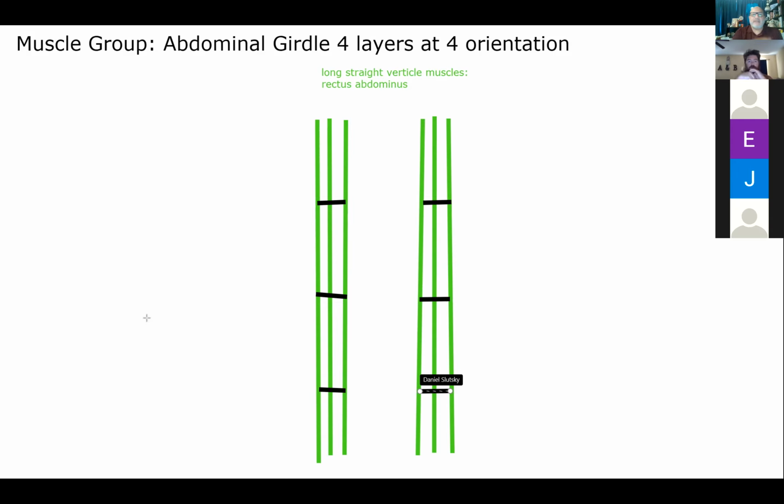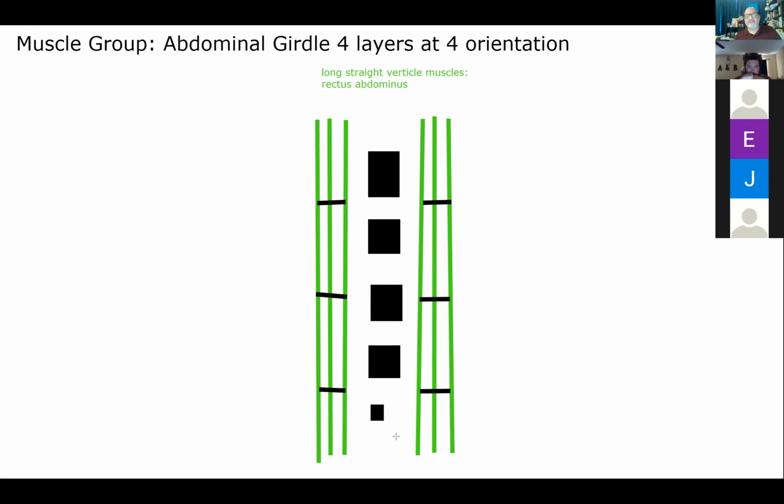All right. Now, the other thing to remember when we're talking about muscles is to think in terms of how they affect the bones. And in this case, the bones that are affected by all of the abdominal muscles are the vertebrae. So we have the vertebrae, our thoracic and lumbar vertebrae, and it is those vertebrae that they influence and affect.